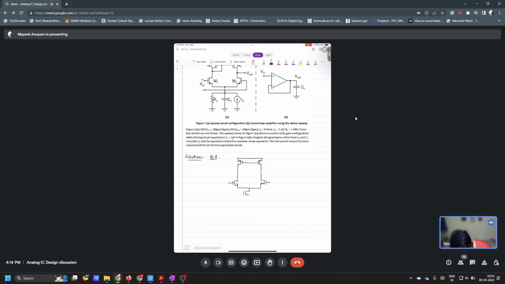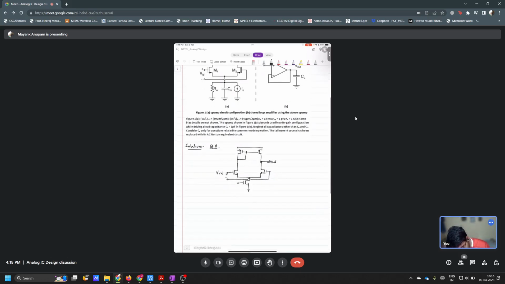This is VID between these two terminals, and this is shorted like this. This is a diode connection. This is V out.